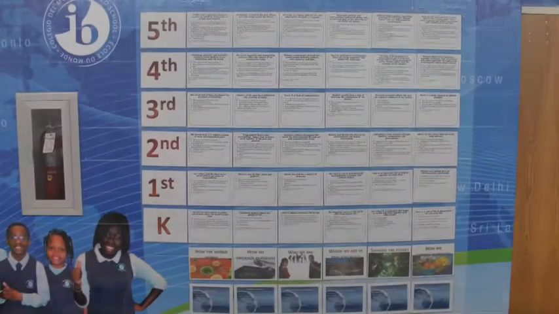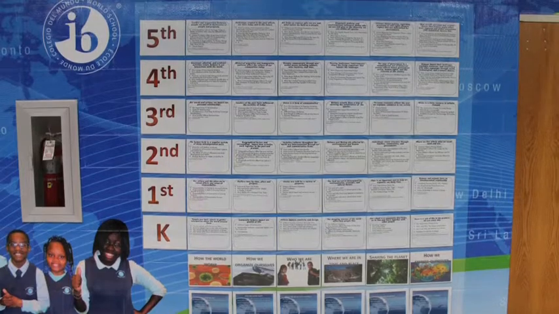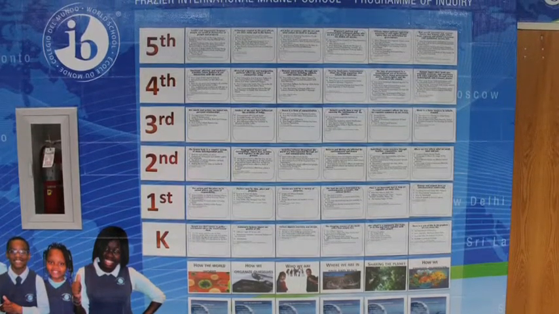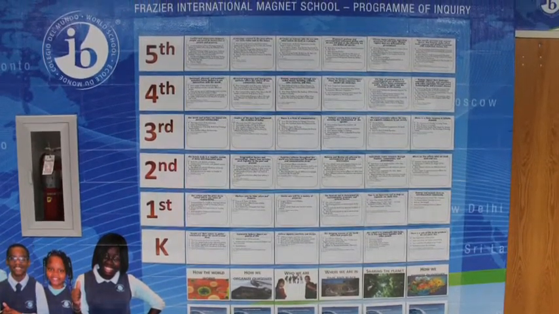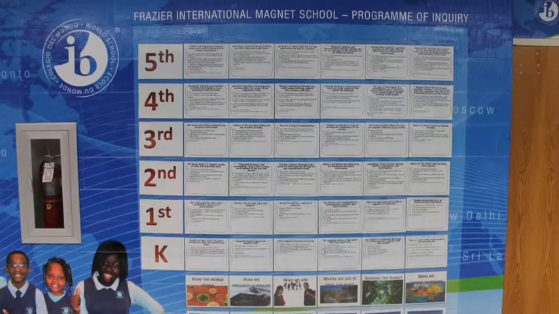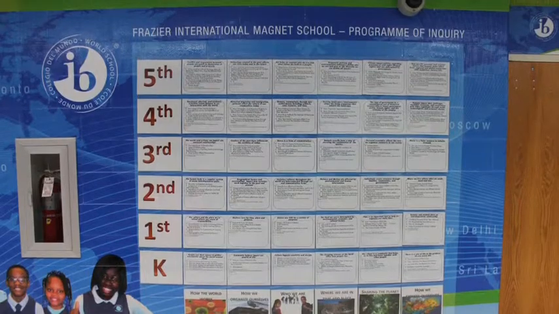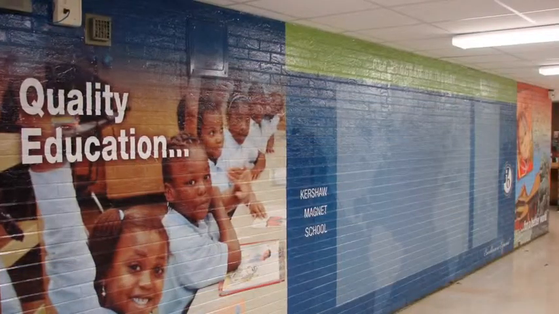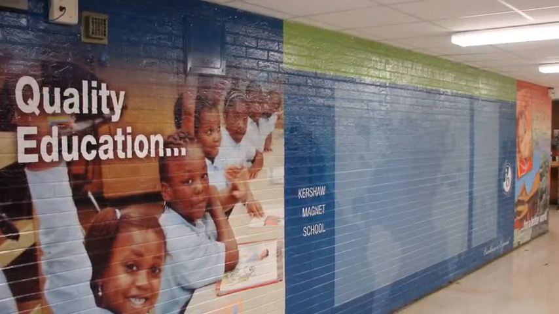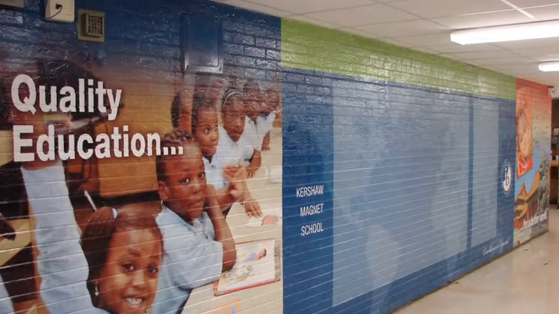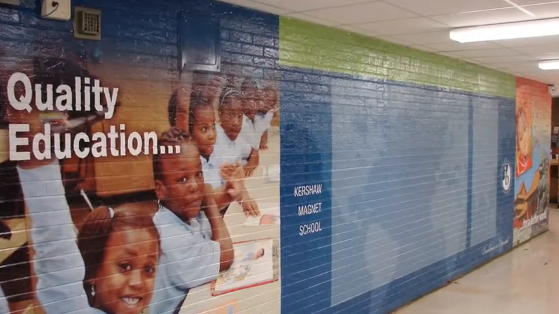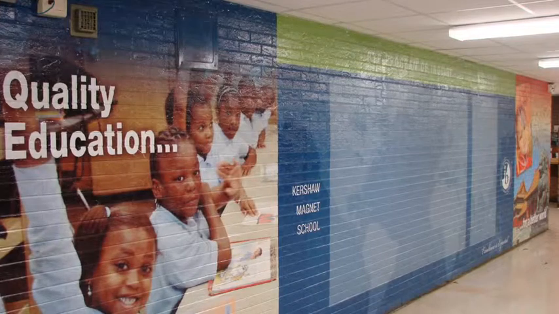The IB program of inquiry is another standard component that is in most IB environments. Here we have graphics that were developed for this particular wall treatment, with a shaded area specifically for displaying the inquiry data about the school, whether it's PYP or MYP or DP in some cases.